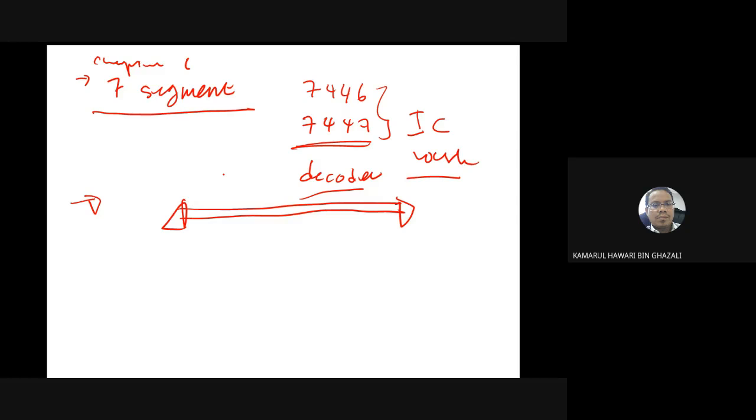So this exercise is not just for you to get familiar with the program, but you also need to look at the question. Please look at the question. I mean, the question is also very important.